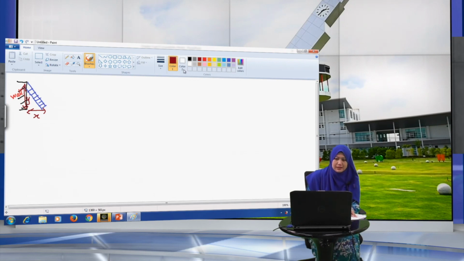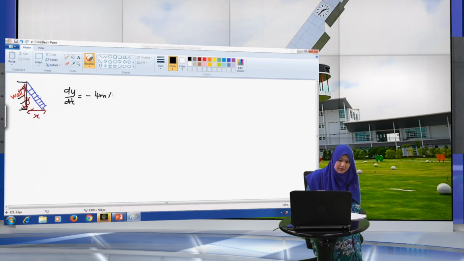So 4 meters per minute is the rate at which the ladder slides down the wall. So dy/dt is given as minus 4 meters per minute. Why do we have negative here? Because the length of y is decreasing.